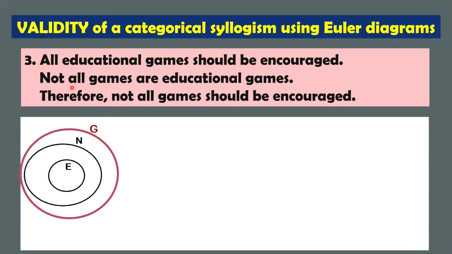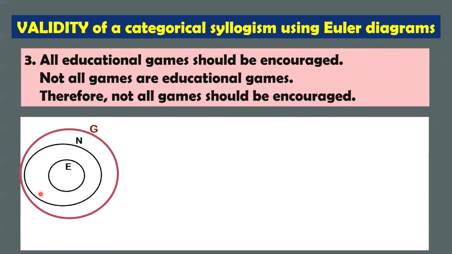So tama, some games are not educational. Ito, yung mga nasa labas ng ating set E. Now, if we have this Euler diagram, if you read the conclusion, not all games should be encouraged. Or ibig sabihin nito, some games should not be encouraged.